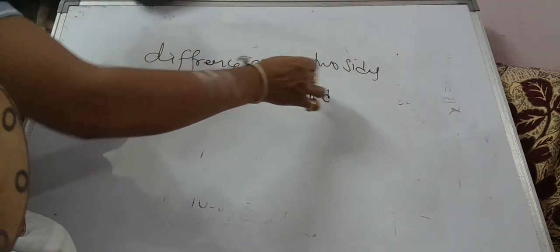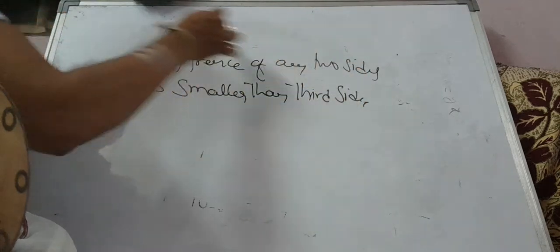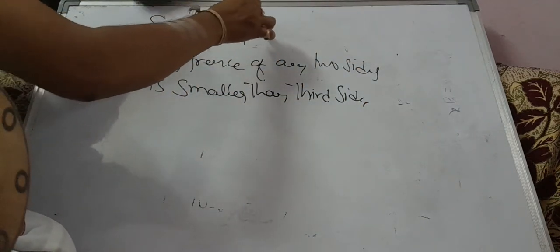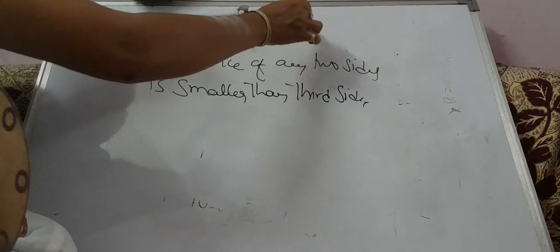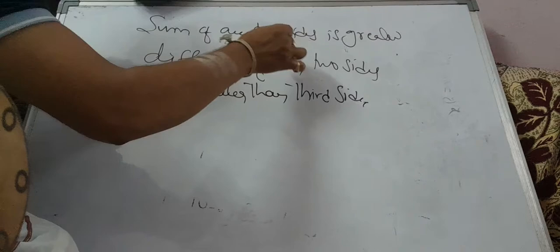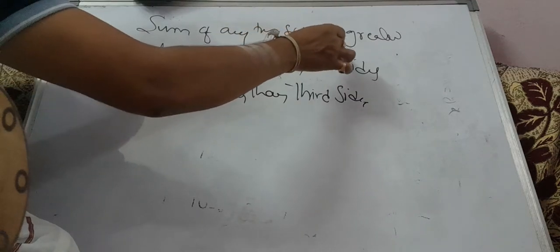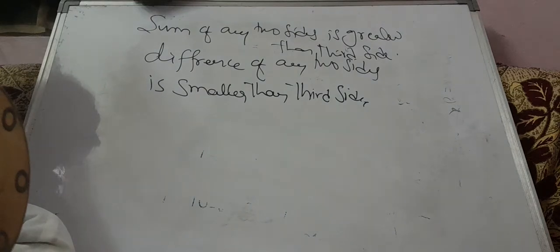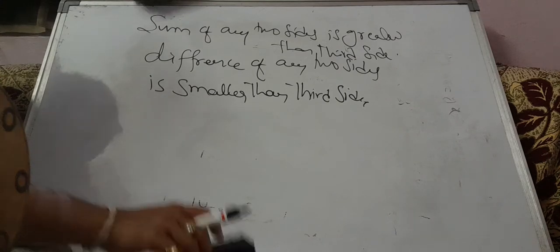Sum of any two sides is greater than the third side.